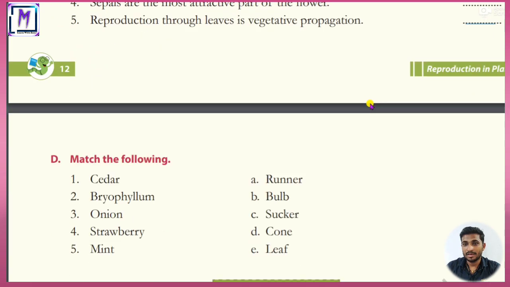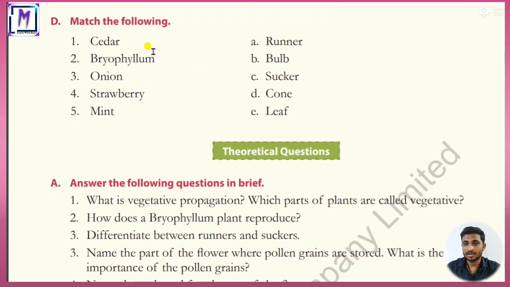Now see, next question, question D, match the following. The first column gives different plants and the second gives the mode of their reproduction. The first plant is cedar. For cedar we choose option D because cedar reproduces through the cone.